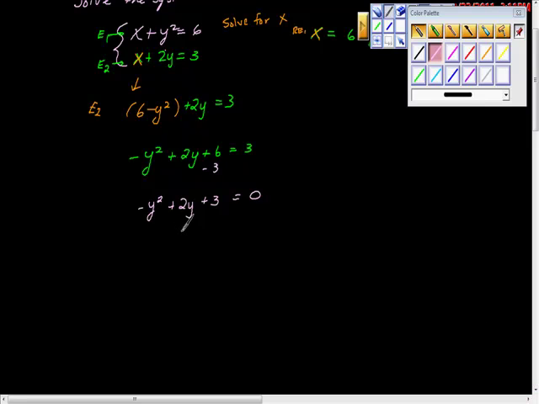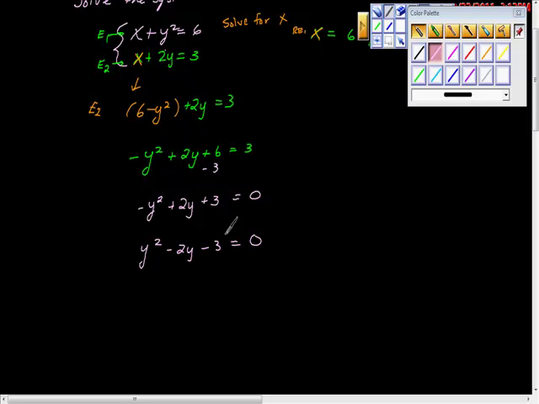I don't quite know what I'm going to do with this mess yet. I think if you don't mind, I'm going to multiply the whole thing by negative 1. That will give me y squared minus 2y minus 3 equals 0.